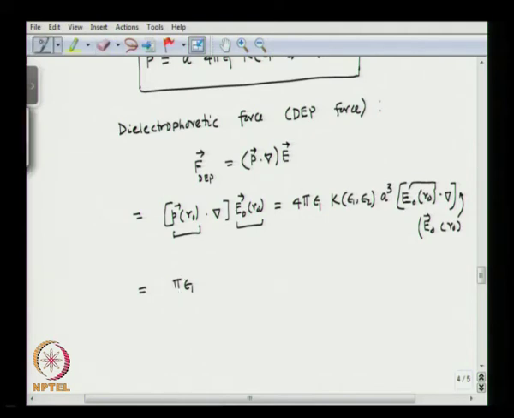So this becomes 2 pi epsilon 1 into K into a cube into the gradient of the square of the electric field. Okay. So this is going to be the expression for the dielectrophoretic force.